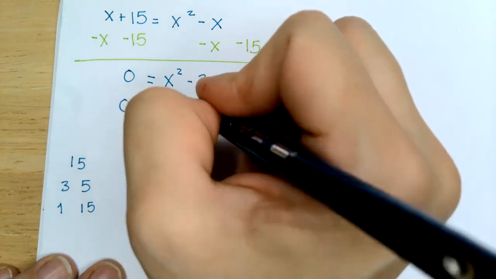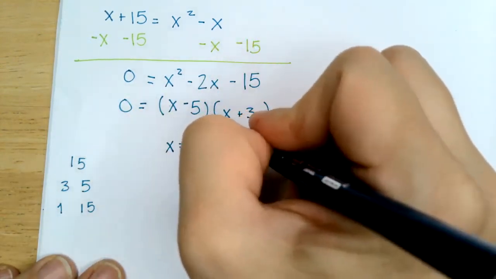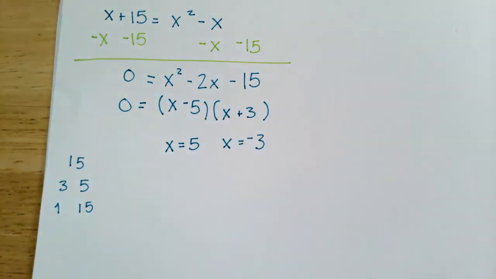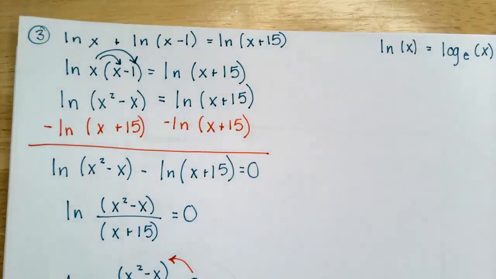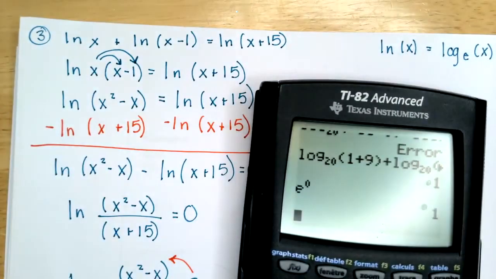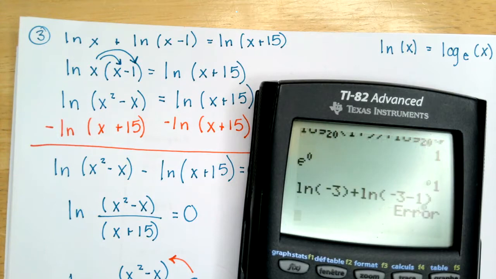Good. So x minus 5 equals 0. So that means x is positive 5. Here, x is negative 3. Yeah. Check your answer. Negative 3. The natural log of negative 3 plus the natural log of negative 3 minus 1 equals a non-real answer. So we'll do it with 5.